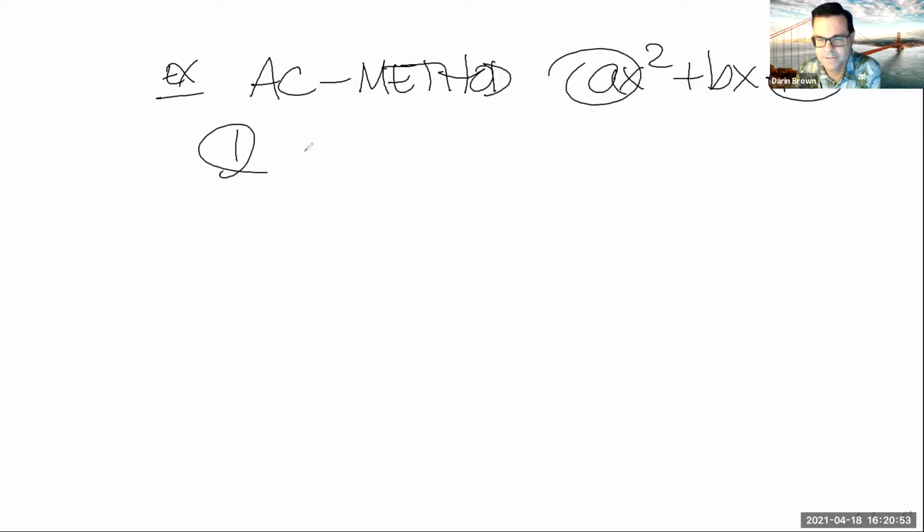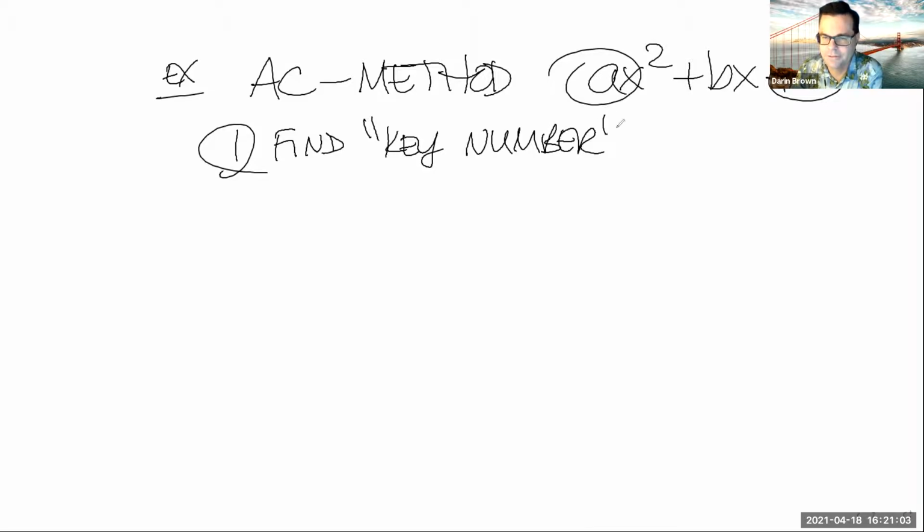So it starts off, we find what I'll call the key number. Some people have different names for this. AC, which is the product of the x squared coefficient, so the product of the quadratic term's coefficient and the constant. You just multiply those together.